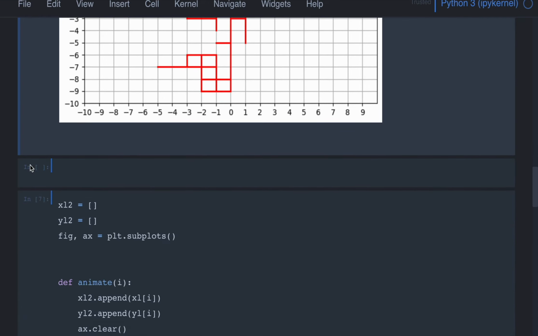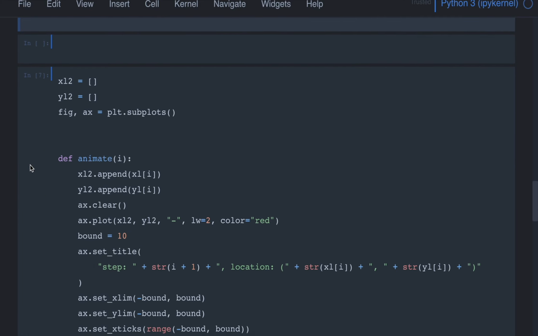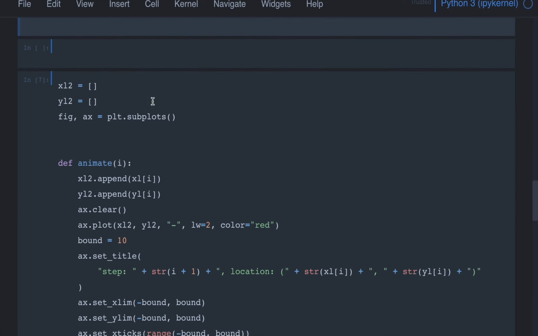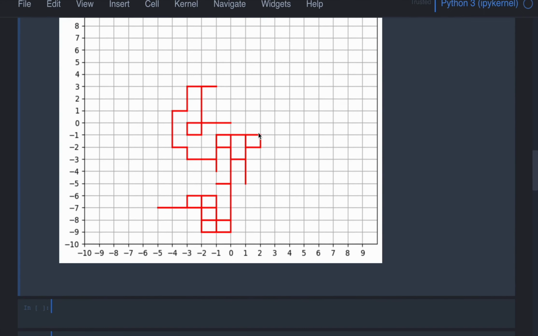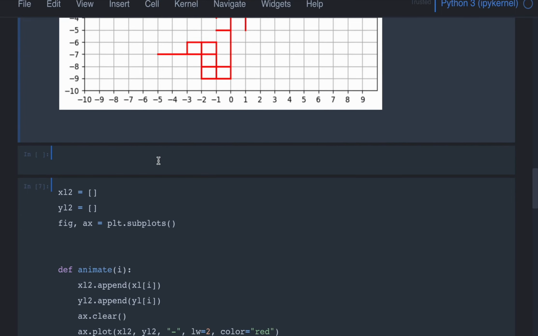All right, now let's do the animation part, right? So that we can actually visually see how the person has moved. Now, the animation is simply a collection of frames, right? I mean, any video we see is a collection of images, right? Now, in each image or plot, the first plot is going to contain the data from the first movement only.